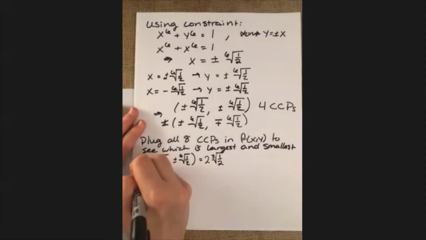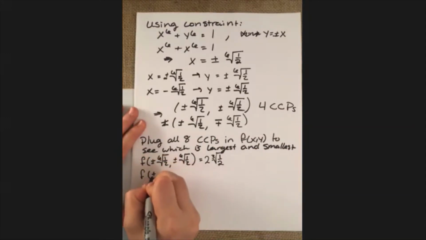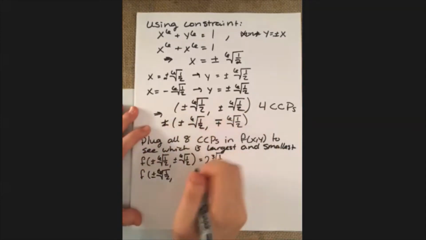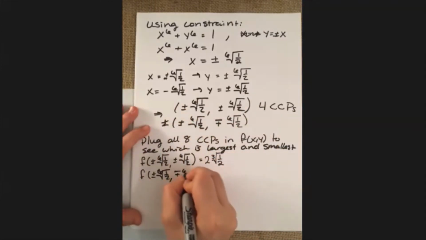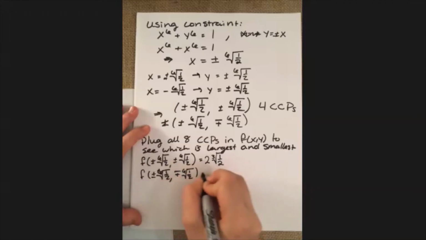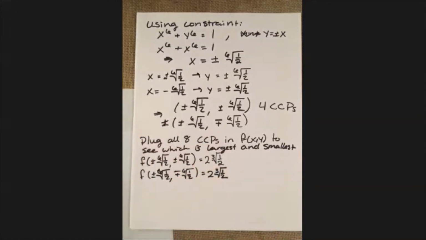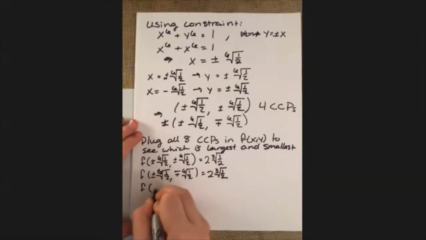Okay. Similarly, we can do the same idea here for our second batch of these critical points. So we're still going to get 2 cubed root of 1/2. All right. So now we just have to test our other 4 critical points. That was f at 0, plus or minus 1 and f at plus or minus 1, 0.